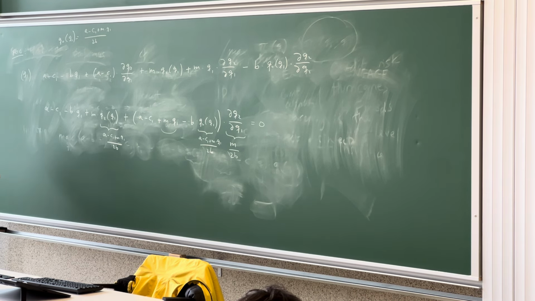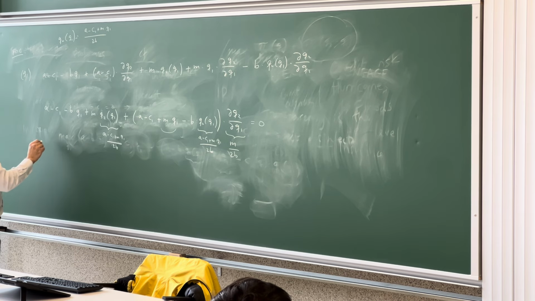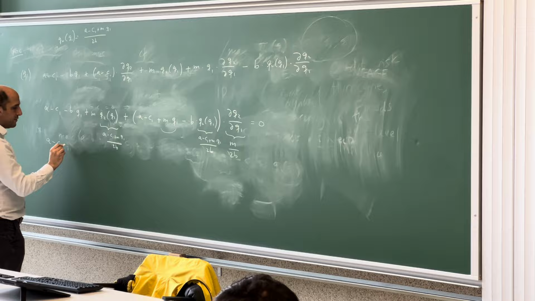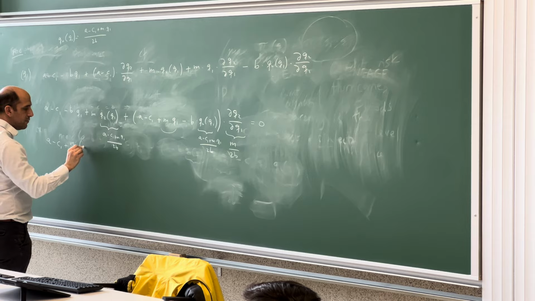Well, maybe we can write some of these things in terms of the prices, right? Because here a minus b Q1 is the price of good 1, right? I'm just saying that to gain intuition later. But for now, let's just solve it without thinking too much. Let's do a minus C1. Here we have plus m over 2b times a minus C1, right?